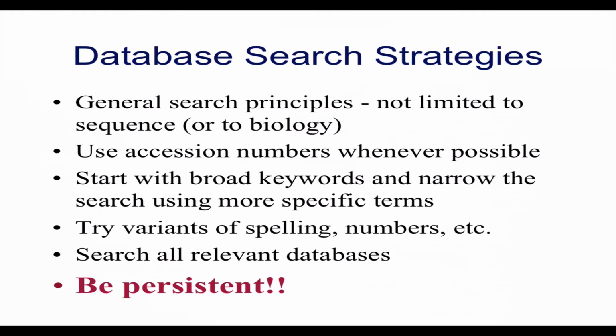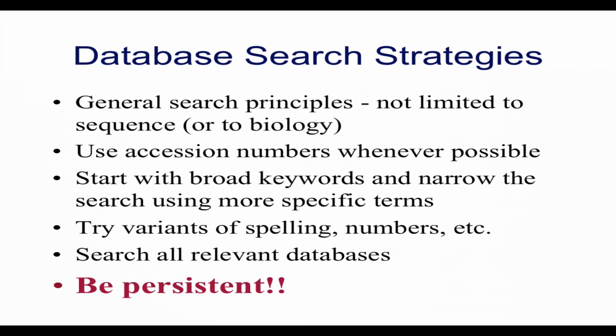All right, summing up. Database search strategies. You want to search by accession numbers, unique identifiers whenever possible, and not rely on the general text-based searching of that sort of summary query engine that a lot of databases put up. You don't always know what you're going to get.